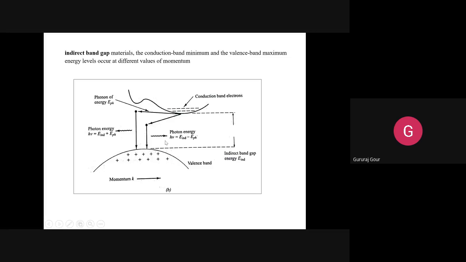On my right hand side it will be adding, and on my left hand side it will be reducing. More photon radiation is happening on my right hand side compared to my left hand side with respect to this figure. So this is happening because of the difference in the momentum. That's why it is known as indirect band gap.